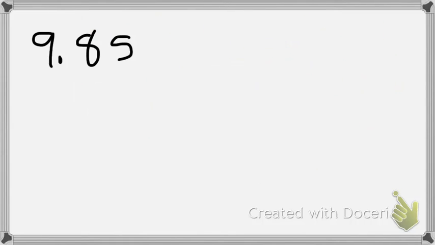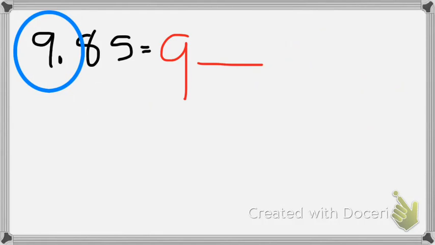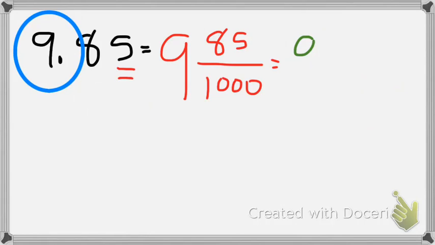Here's a little bigger problem, 9.85, or 9 and 85 hundredths. So my 9 is going to be my whole number, and 85 will be my decimal. So that's 85 hundredths. Now I just have to reduce that. I'm going to divide 85 by 5 and 1,000 by 5.